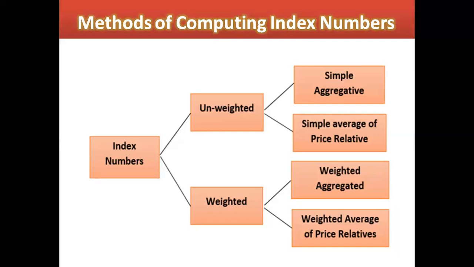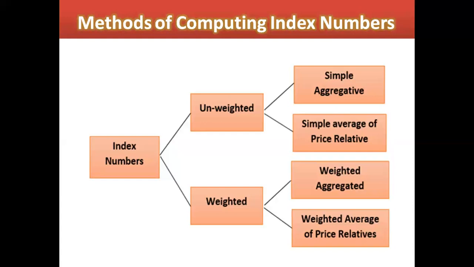This index number also works as a guide for businessmen, because rising prices as indicated by index number may create an atmosphere of optimism for investors specifically. They will invest more for seeking more profit in the upcoming time period because prices are increasing.